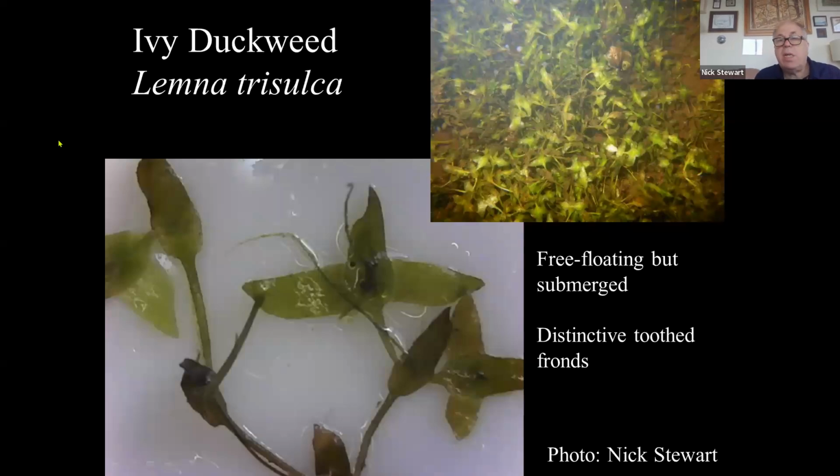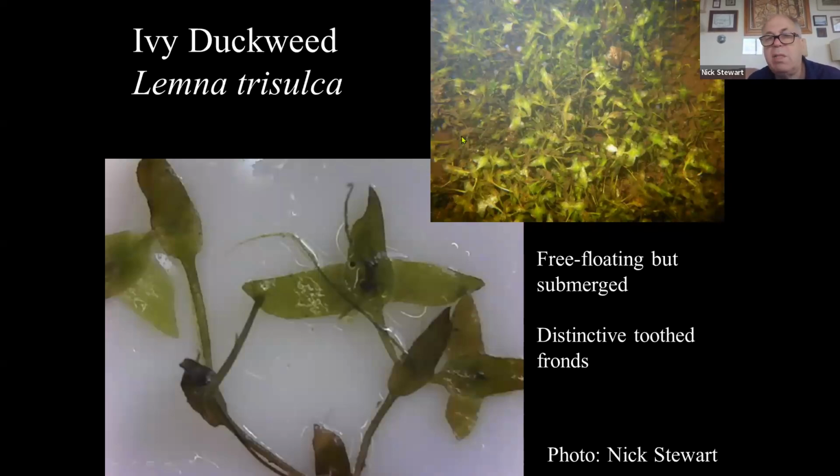Another fairly easy duckweed is the ivy duckweed. It has very distinctively shaped, toothed leaves with a translucent sort of texture to it. Most duckweeds float on the water surface, but the ivy duckweed tends to be underwater, and sometimes you can get quite large masses of it almost covering the bottom of the lake.